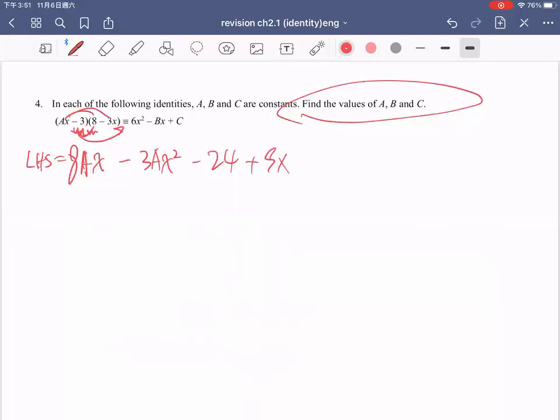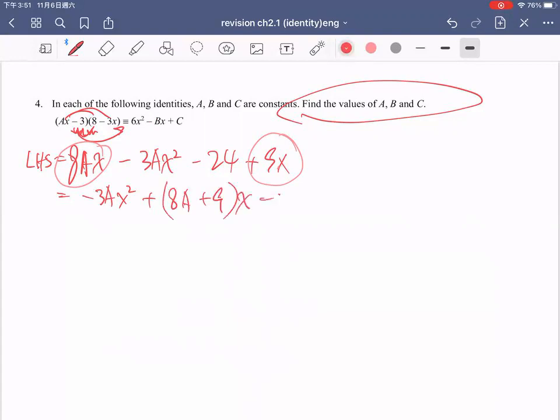Okay, so we arrange them in descending power of x. How many x do we have? We have 9x and 8x. So we have how many x? Plus, all right, 8 plus 9 bracket x.